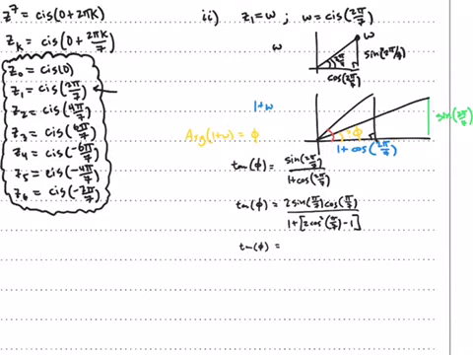What you'll see is the 1's reduce here. One of the cosines reduces in the bottom and the other in the top, and the 2's reduce. So what I end up getting is sine of pi over 7 over cosine of pi over 7, which is tangent pi over 7.